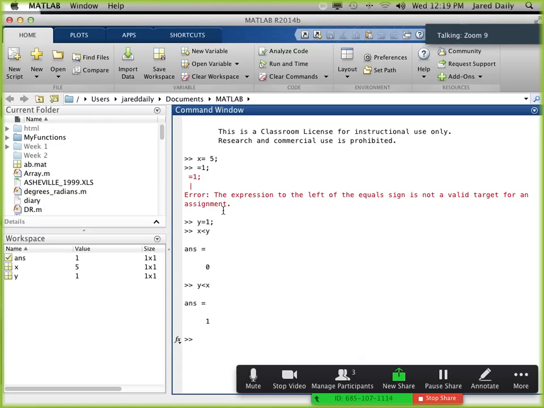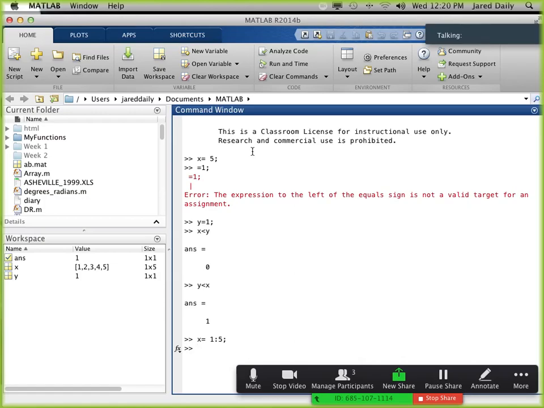MATLAB can do this for arrays as well. Since MATLAB is designed to work with arrays and matrices, it can do it with arrays and matrices. So we can define x to be equal to 1 through 5, the array 1, 2, 3, 4, 5. Let's leave y as it is. Y right now is equal to 1.